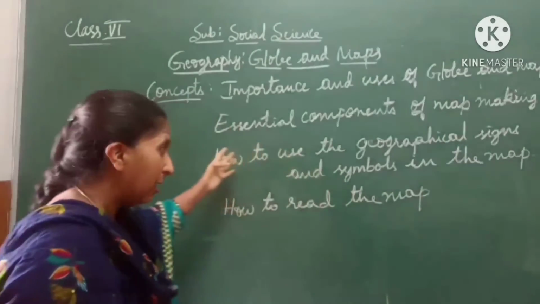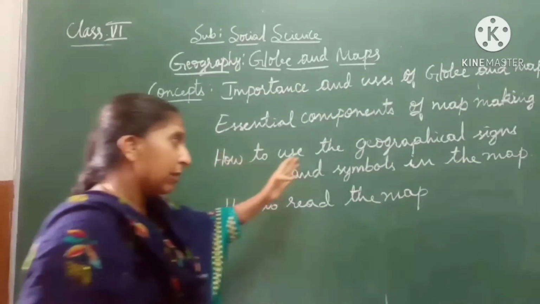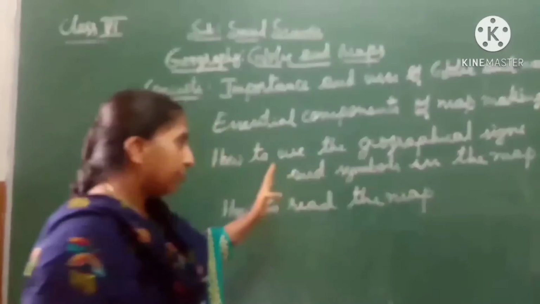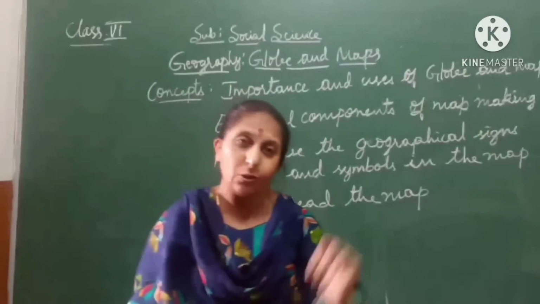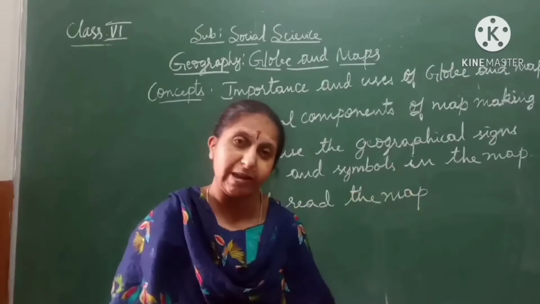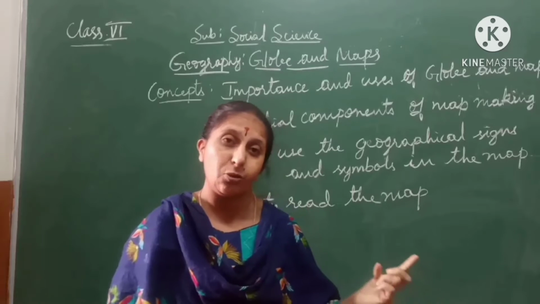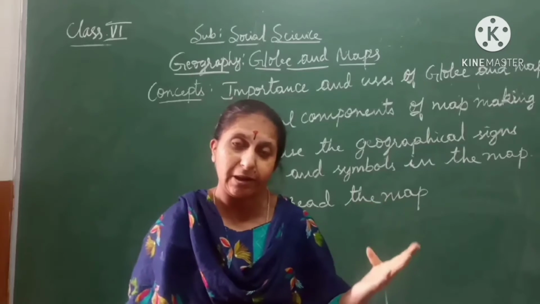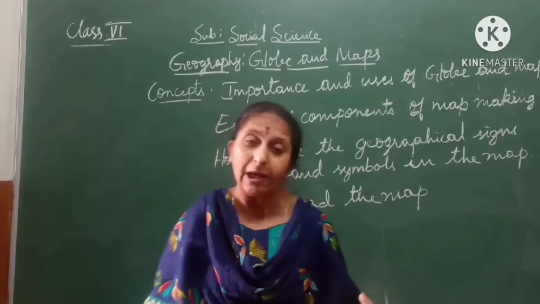The other things that we are going to learn are how to use the geographical signs and symbols in a map. Whenever you see a map, you can see the edges, the sides. There will be many signs, colors also. Different colors will be used in the maps and different signs will be used in the maps. So why are they used?